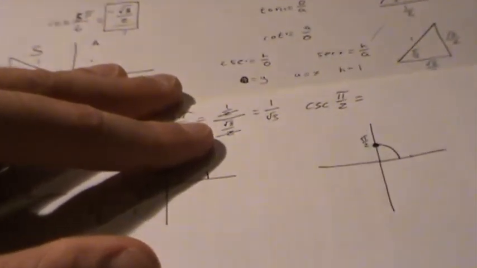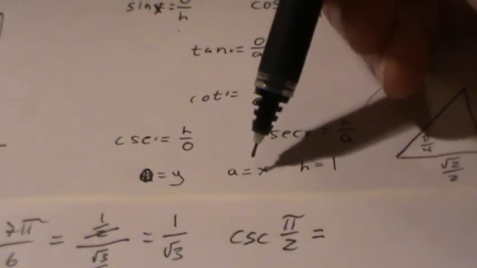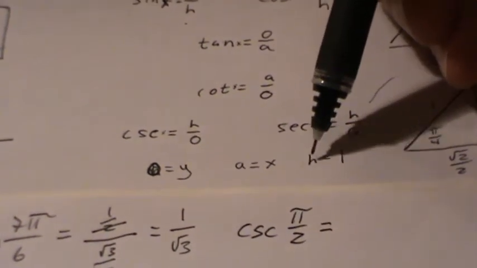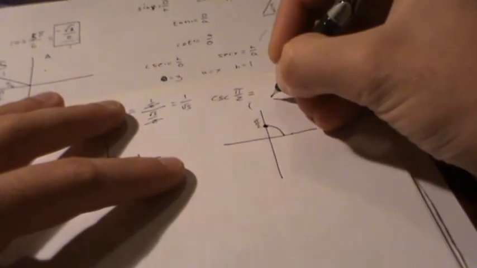All right. So let me zoom in on that. You can kind of think of these three formulas right here. O is equal to the y value, A is equal to an x value, and H is equal to 1 always.